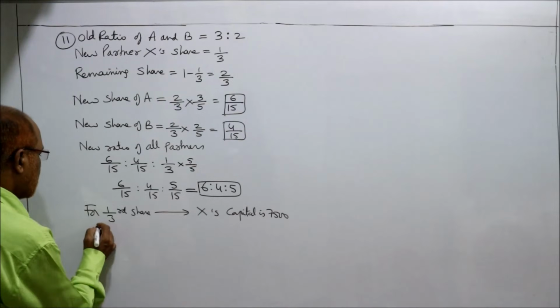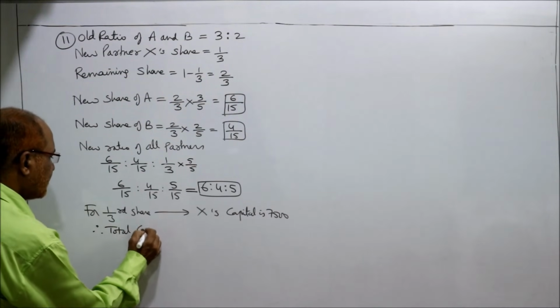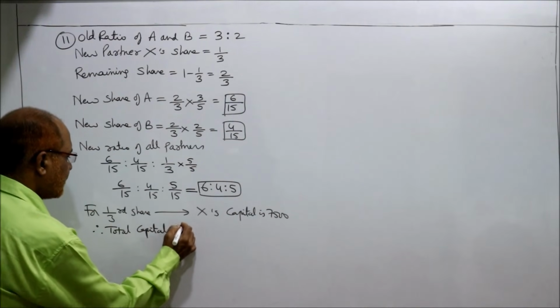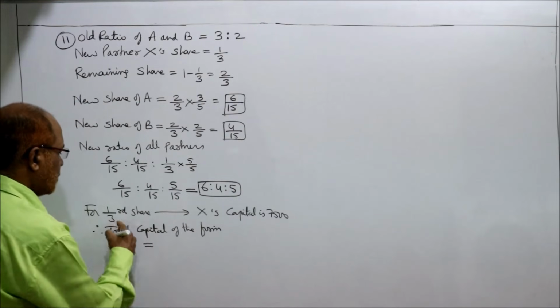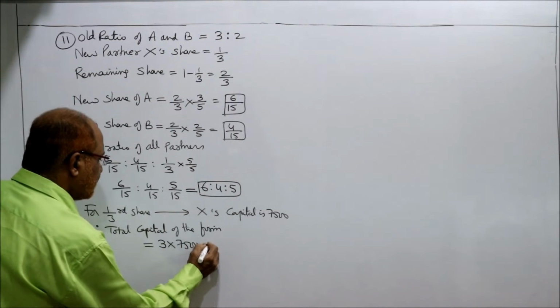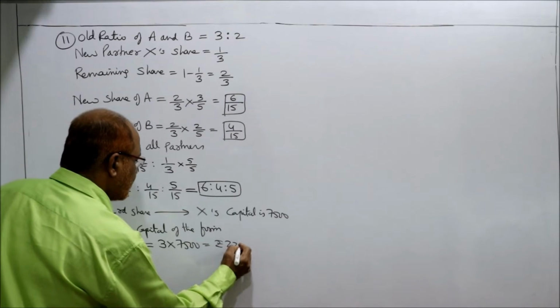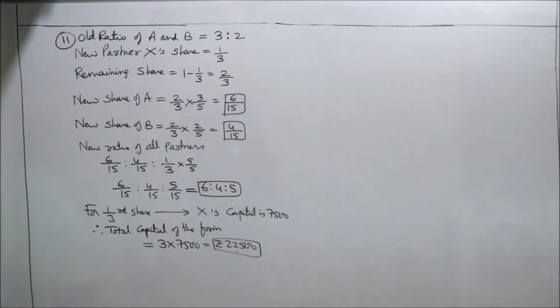Therefore, total capital of the firm is equal to 3 into 7,500, 22,500.